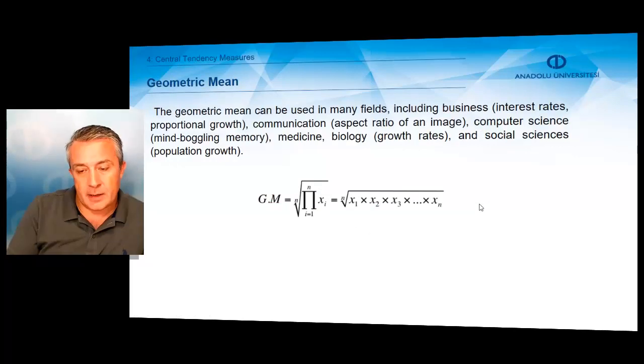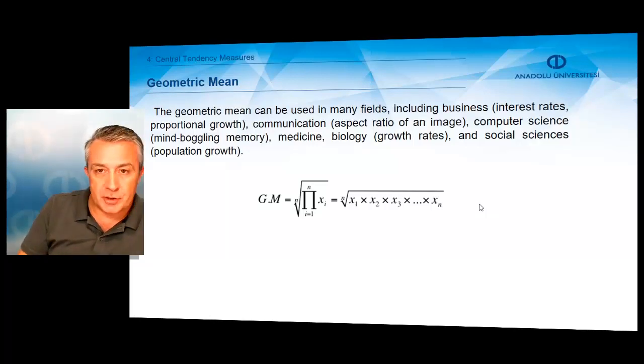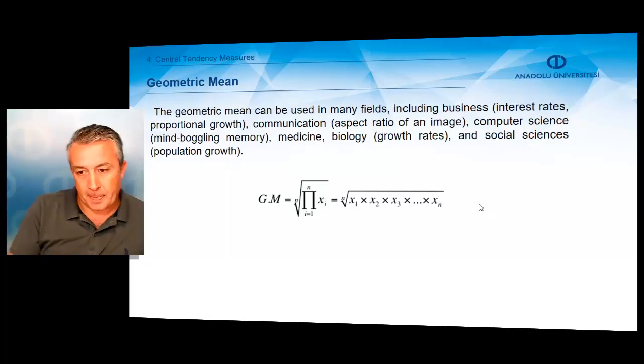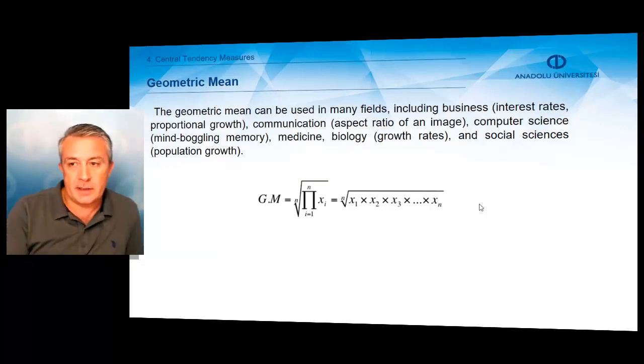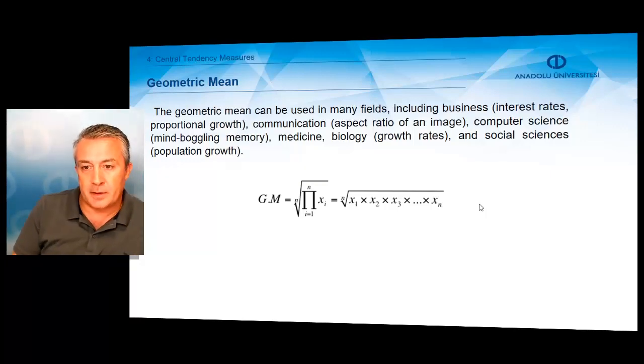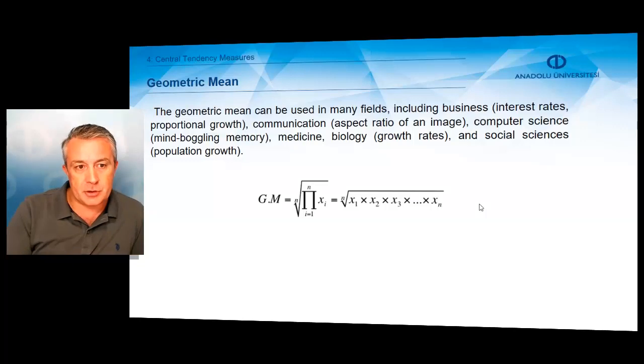There is another average we may be using, and when you have percentages, ratios, indexes, the geometric mean is a better approach. You can't just take the arithmetic mean of index numbers to talk about the average. So the better approach is to use the geometric mean.